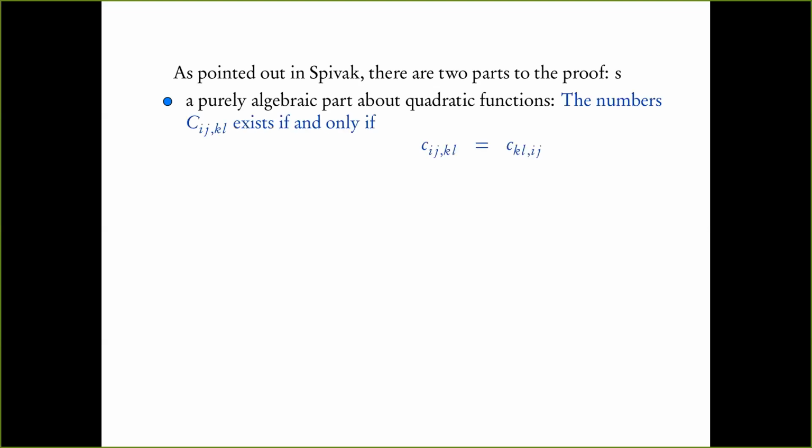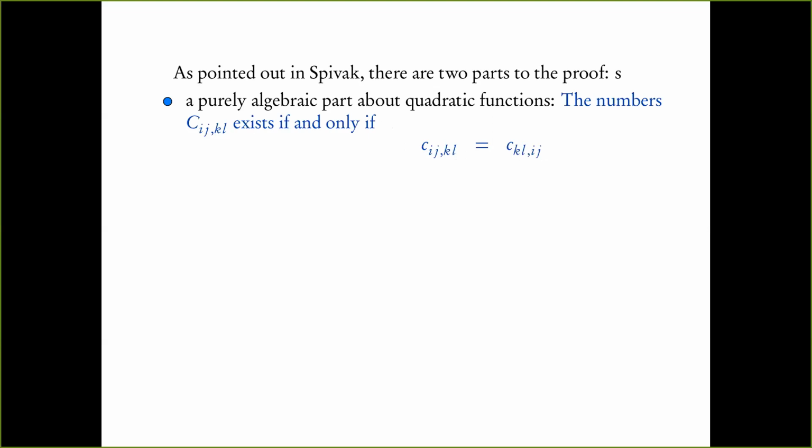It says that these capital Cijkl exist if and only if the little Cijkl satisfy some symmetries. One of the symmetries is that Cijkl is Cklij. This is new; we didn't know that this is true. The only symmetries you could deduce are that Cijkl is Cjikl, or you can switch k and l, switch i and j. But switching kl entirely over ij, that we don't know.